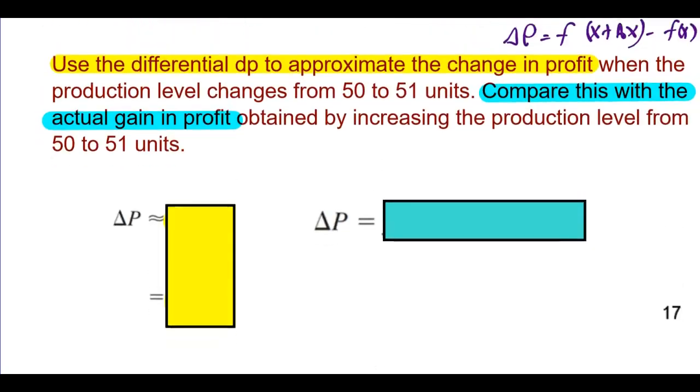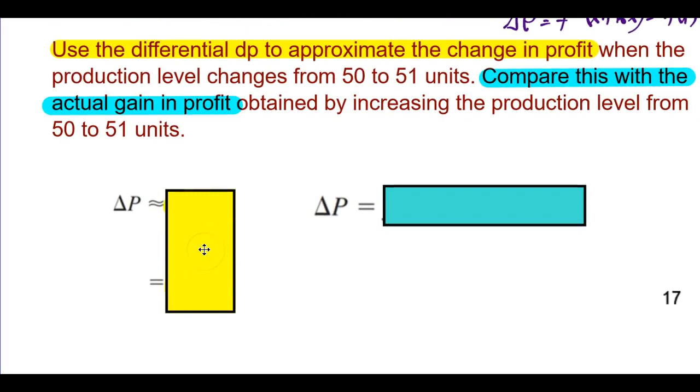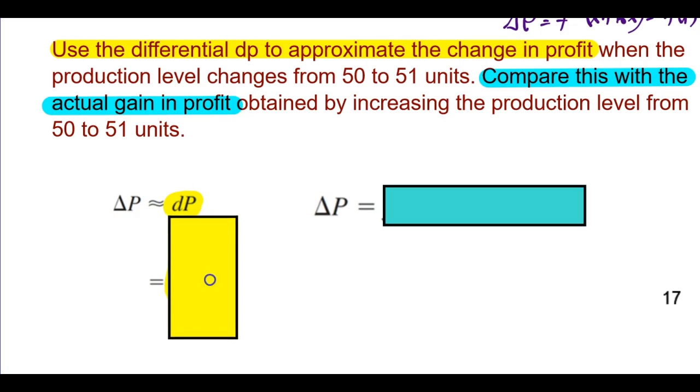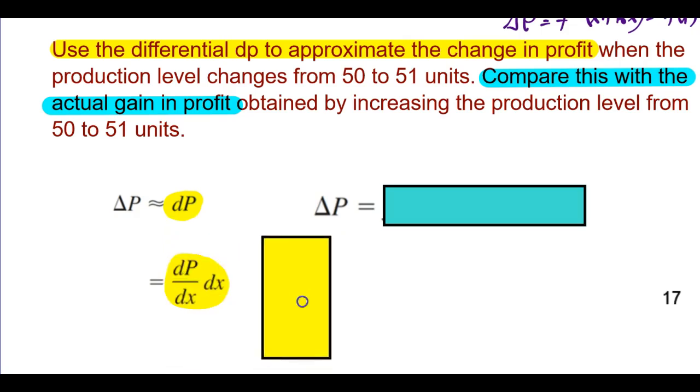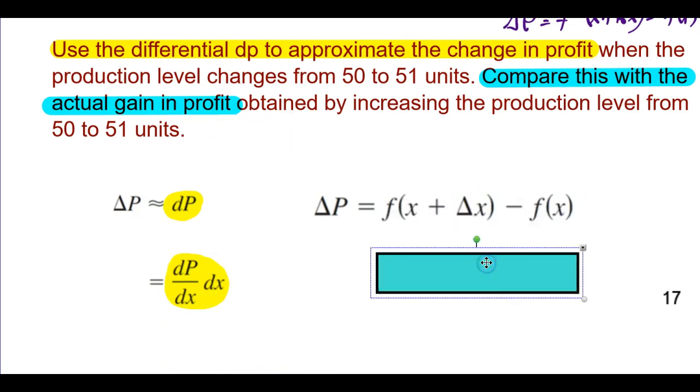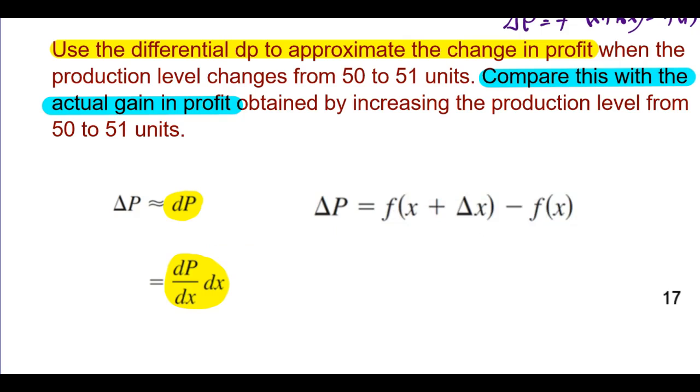Looks like I'm moving from 50 to 150. So if delta p is approximately the derivative of p, then we've already discussed I can use this definition, and I can use this definition. So all I'm going to do is plug these two things in.